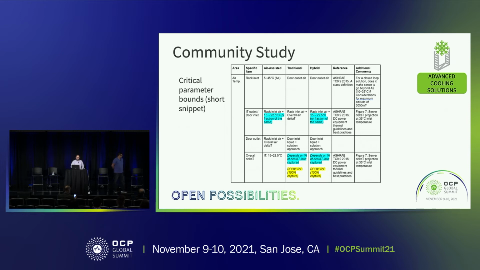Another community study was about the boundary conditions of all the systems. For sure, the maximal and minimal temperature of the air input into the server is given by the servers.